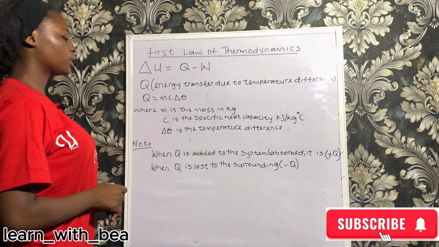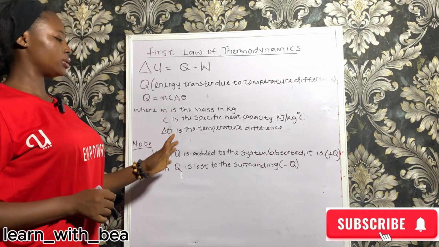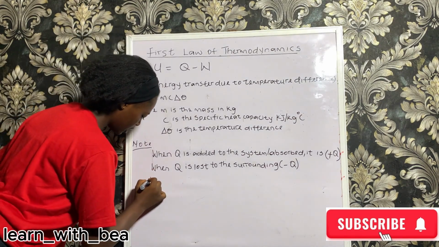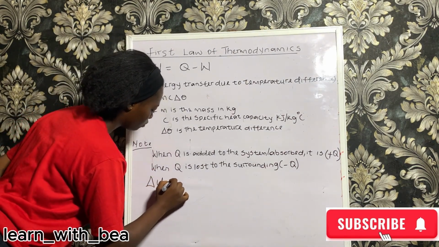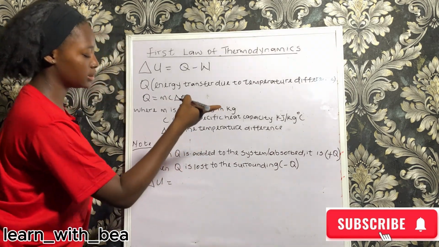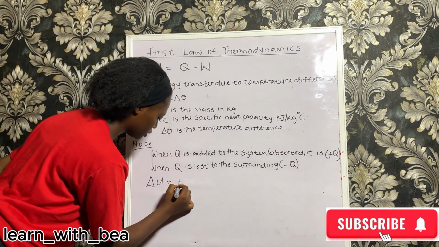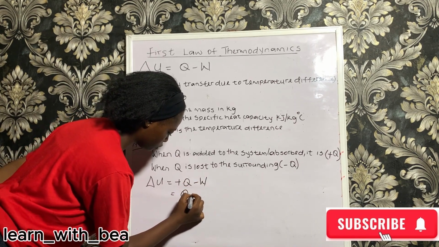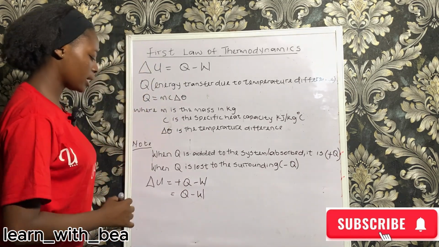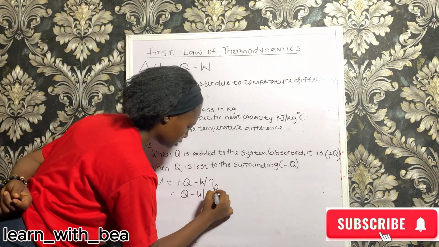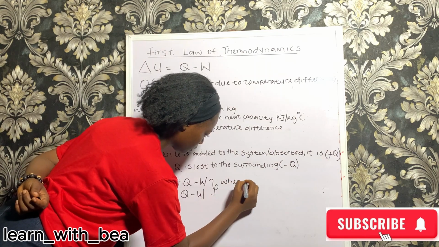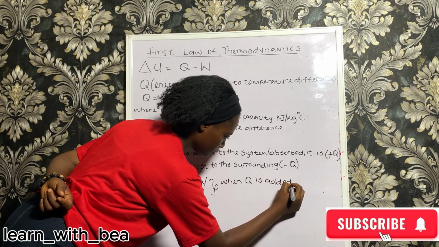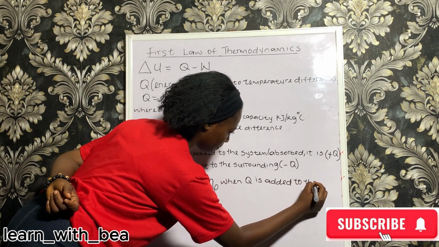So the implication is that if our Q is added to the system, our final formula would be delta U equals plus Q minus W, which is still giving us Q minus W. This is when Q is added to the system.